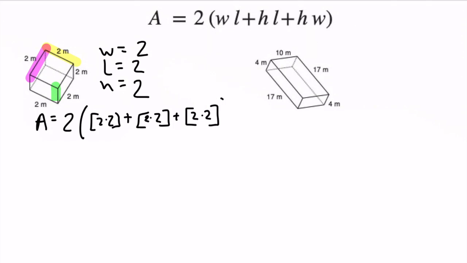It's an easy one to start out with. 2 times 2 is 4, so 4 plus 4 plus 4, times 2. If I were to plug this into my calculator exactly as it is here, I would get 24. So a surface area of 24 meters squared.